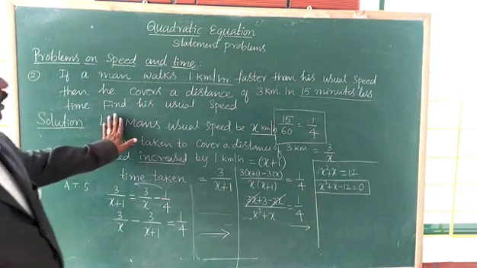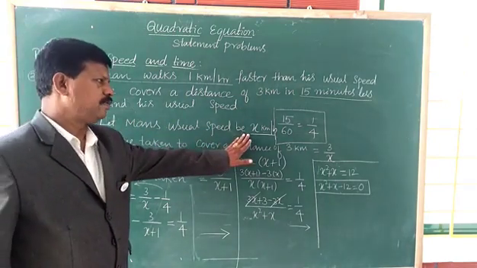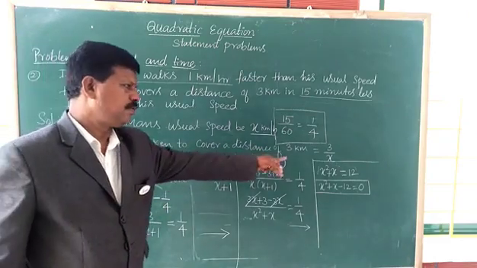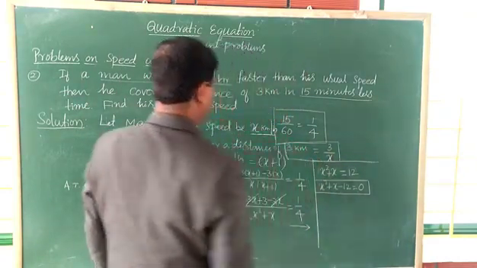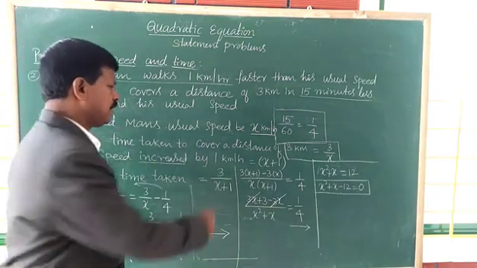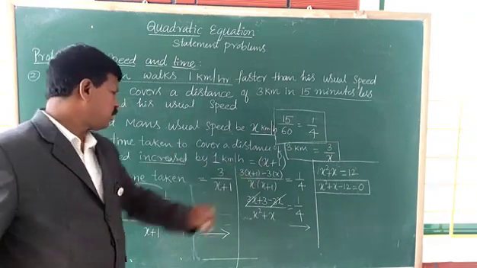Are you clear? Let man's usual speed be x km per hour. Time taken to cover a distance of 3 km is 3 by x hours. Then speed increased by 1 km per hour, which means x plus 1.